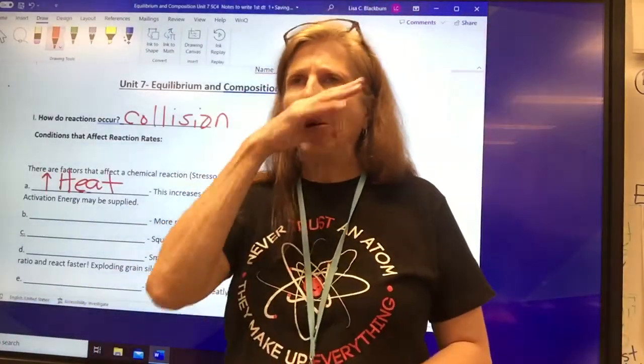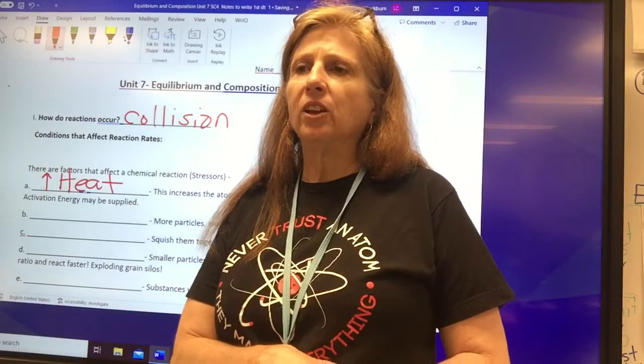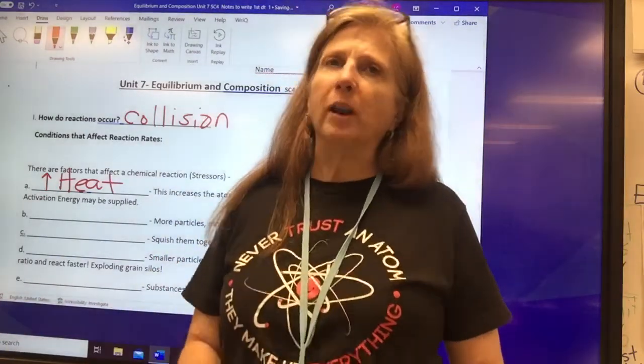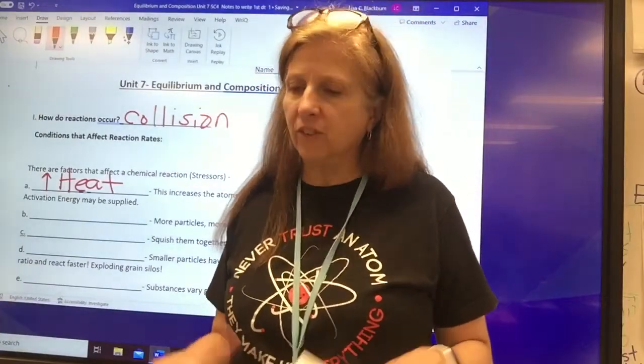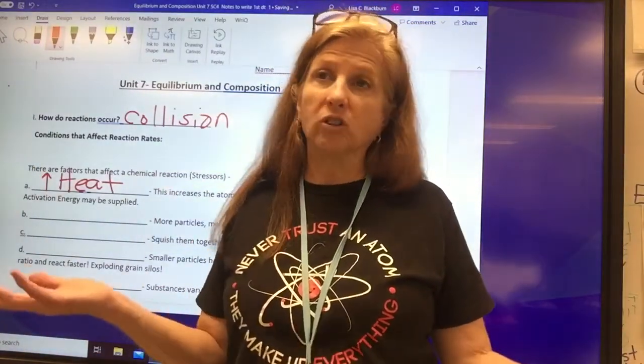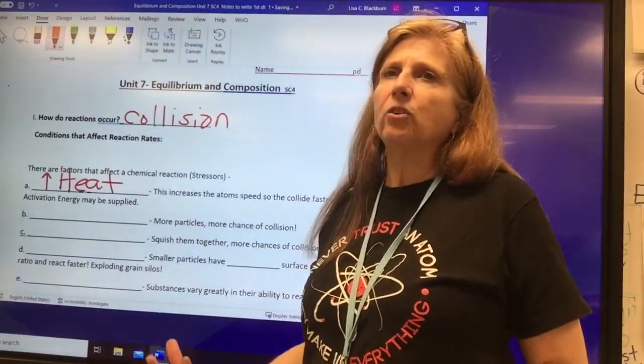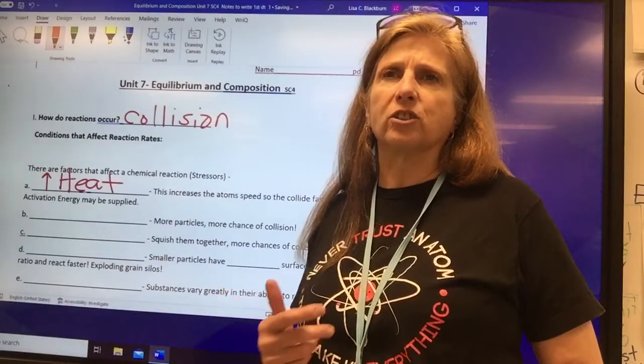Okay, what if you've got a fire going and you want a bigger fire? What could you add to it to make a bigger fire? More stuff, right? And if it was some sort of liquid, you could have a higher concentration.